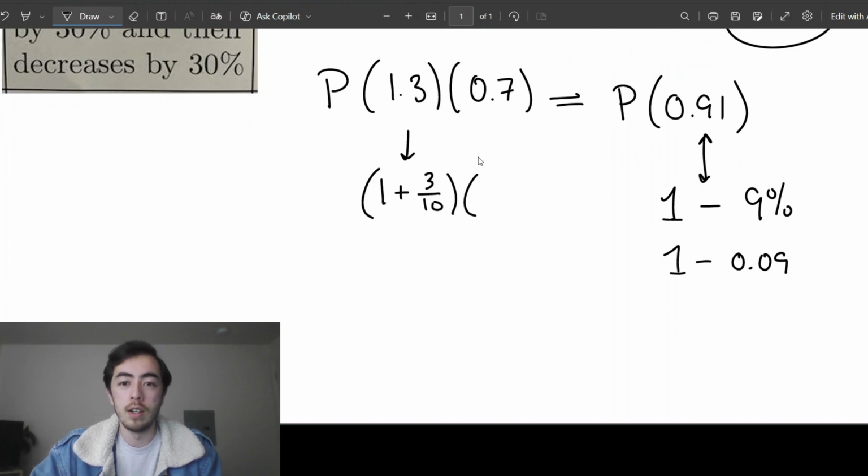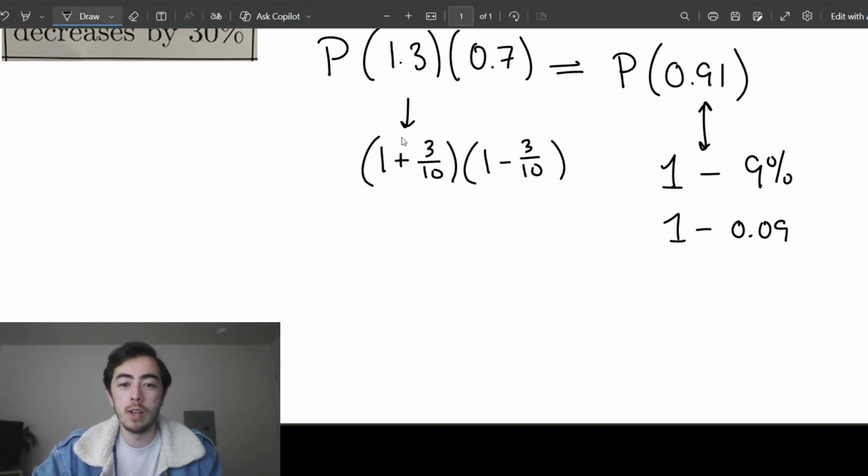And then when we're multiplying by the 30% decrease, that's 1 minus 3/10, or 30 over 100 to make it look like 30%. Either way, when we multiply it all out and we FOIL our binomial, the outside and inside terms cancel out. And so we're just left with the square of the first term minus the square of the second. So we get minus 9 over 100.